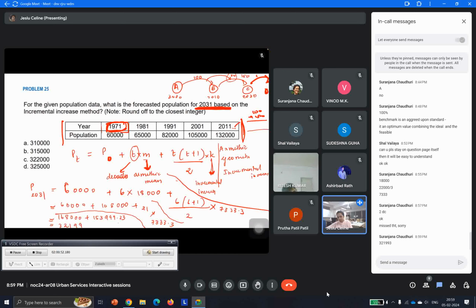It depends on how much you've taken, so the last digit might vary. So we can approximate this as 322,000. Correct. Option C is the closest answer that we have. Very good. So I hope this problem is also clear to everybody.